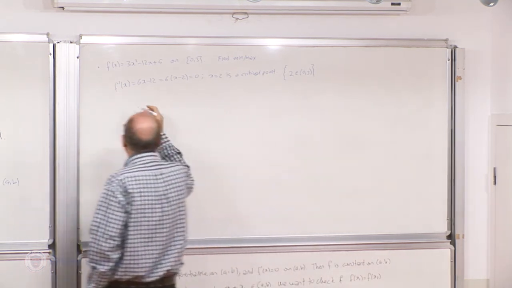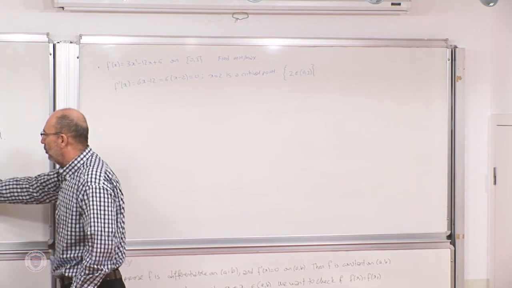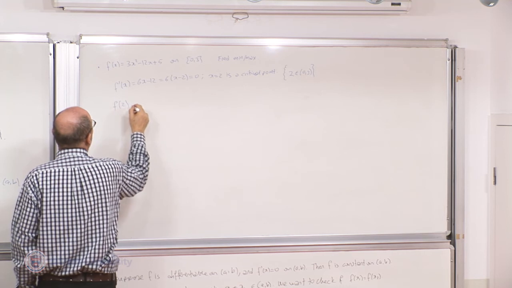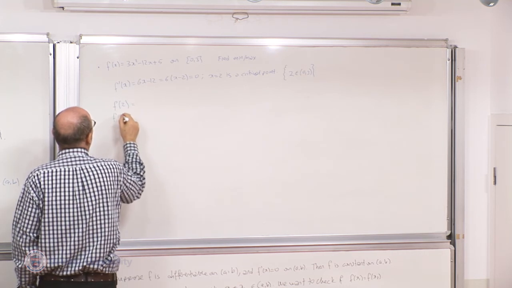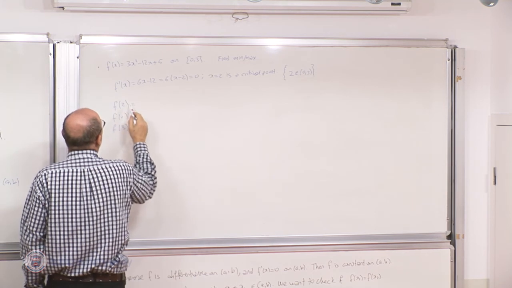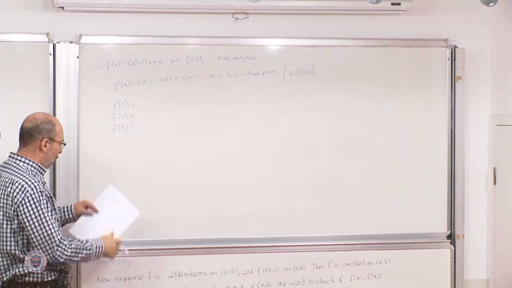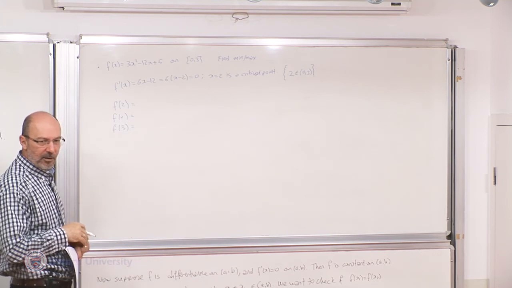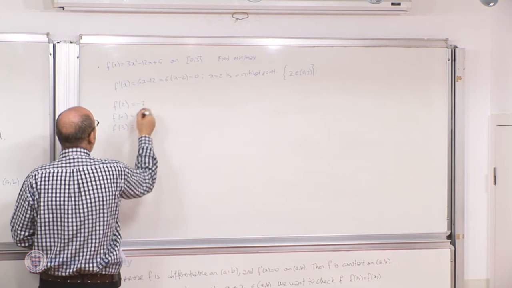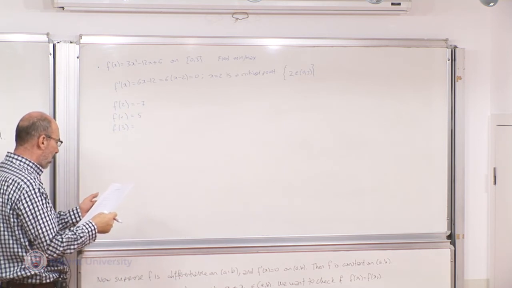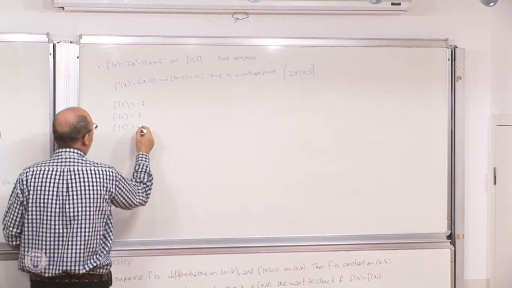Then you go to the next part, you evaluate these things. You evaluate f of 2, f of 0, and f of 3. What is f of 2? I found minus 7. f of 0 is 5. f of 3, I found minus 4.